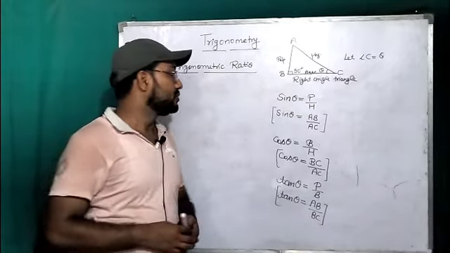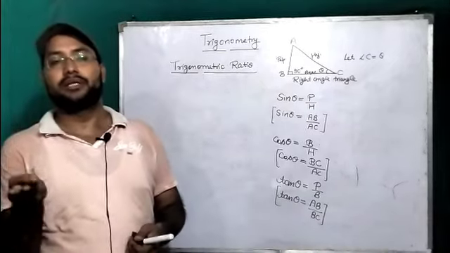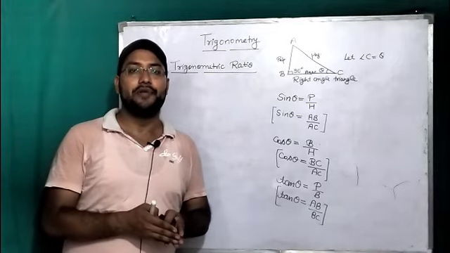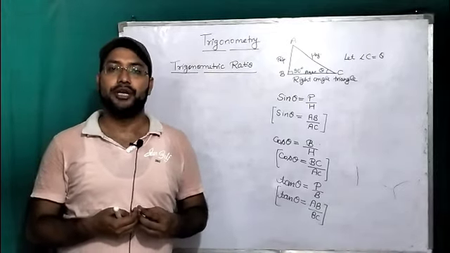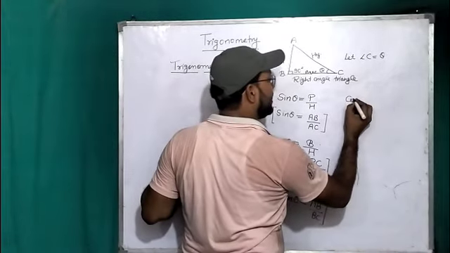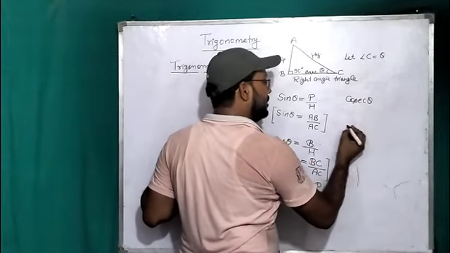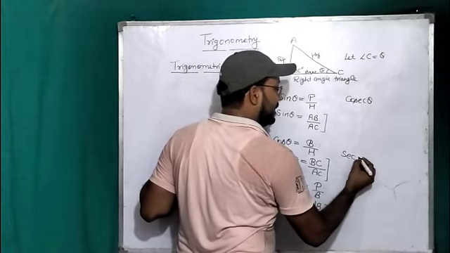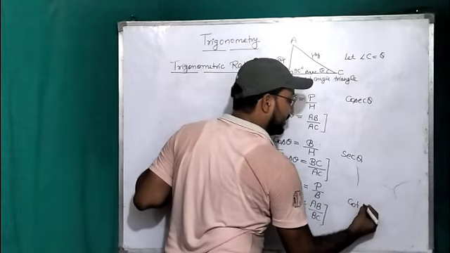So we have already calculated 3 trigonometry ratios, and now we have to calculate the 3 remaining ones: cosec theta, sec theta and cot theta.